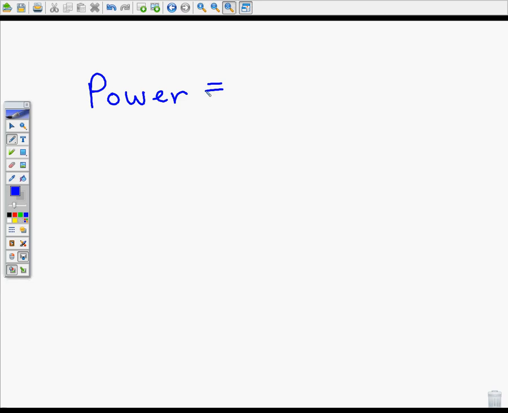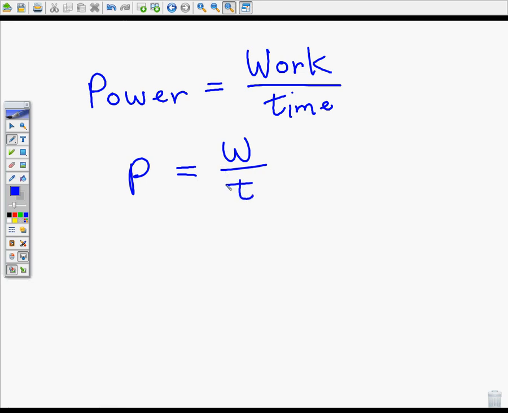W over T? Yes. Work divided by time, and if we wanted to write this in symbols, power P equals W over T. So for example, if we do 1 joule of work in 1 second, 1 divided by 1 is simply 1.